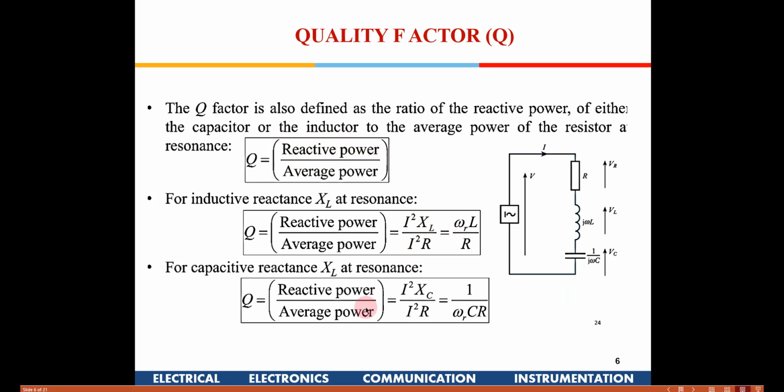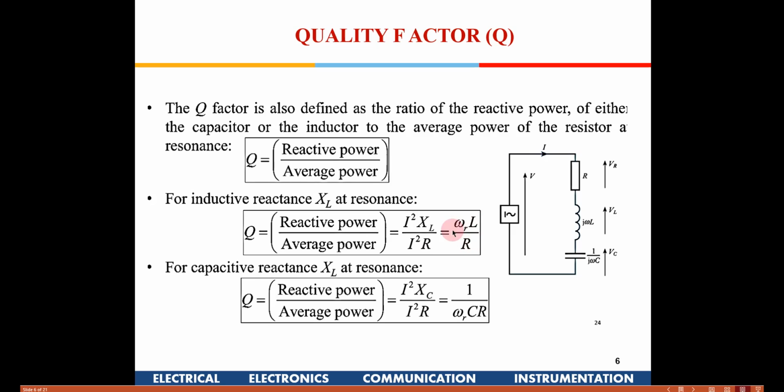Again, there are other definitions also available for quality factor, but essentially they all boil down to the same formulas ultimately. The quality factor is known as the reactive power by the average power. So this is also one of the definitions. So reactive power is I square XL, which is omega R into L, and average power is I square R. So that I square gets cancelled.